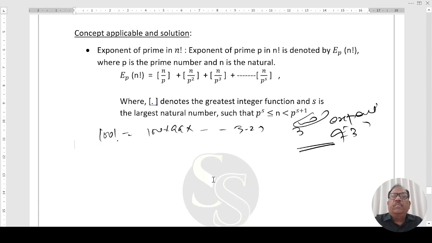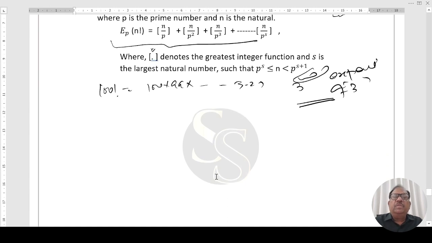Another method is exponent of prime in factorial n. Exponent of prime in n factorial is denoted by E_p(n), where p is the prime number and n is the natural number. This is the greatest integer function. Means n is here 100, p is 3.